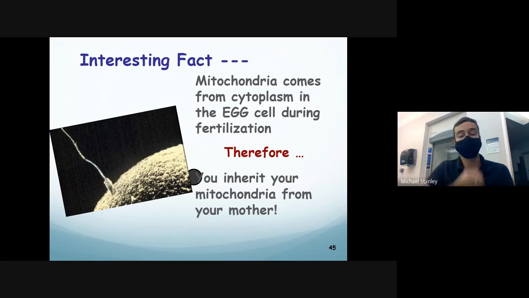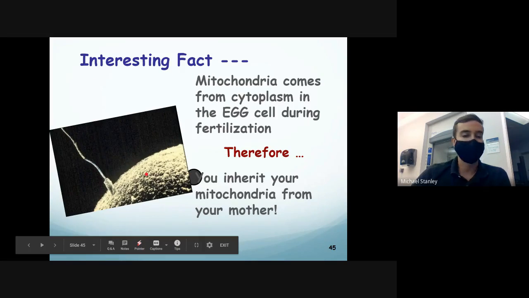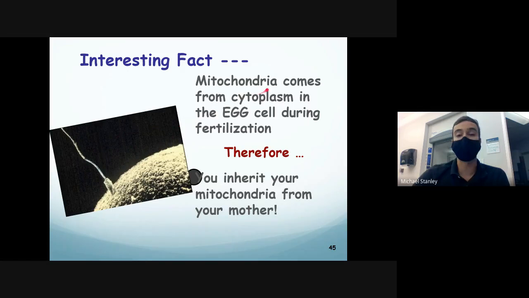So all the mitochondria in your cells are directly descended from the female line of your ancestors, essentially. Not super important to know, but a really cool, interesting fact that I like to pass on to people. Mitochondria are so neat and so interesting.